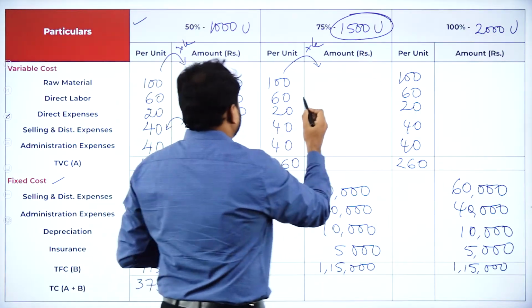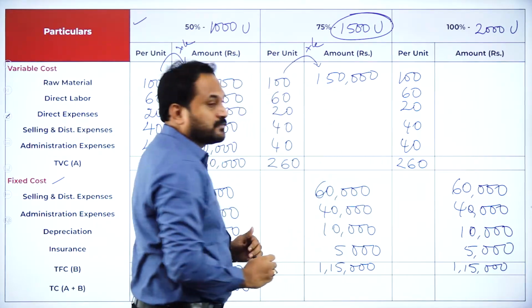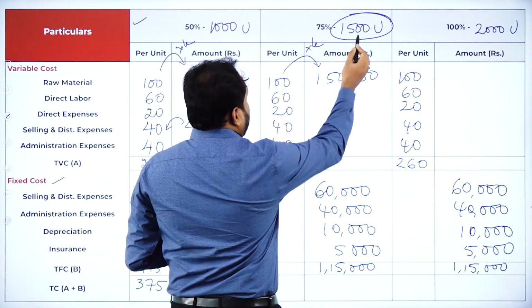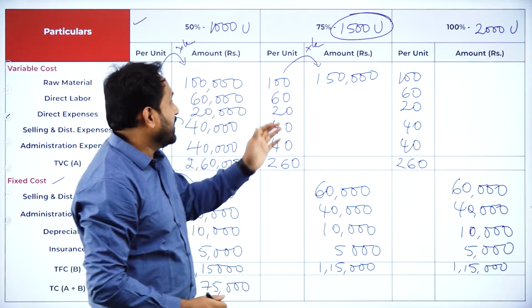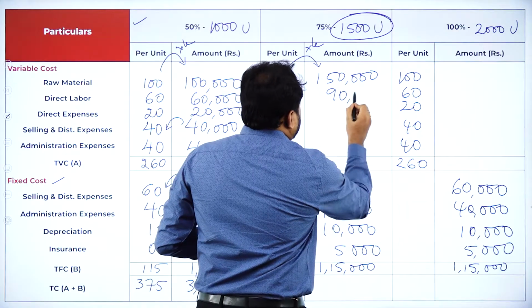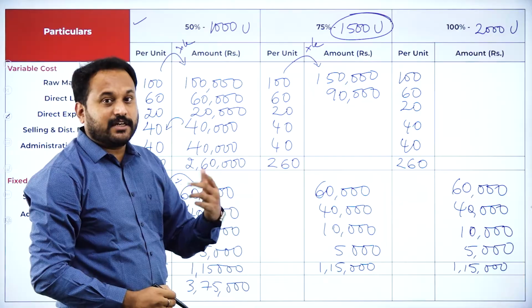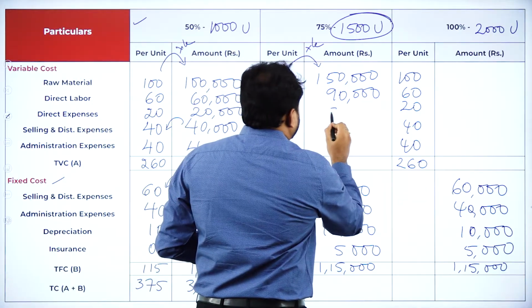So that is how you will be getting 1,50,000. Now 60 into 15, in the sense 90 is what you will get. So how much is it? 90,000. You get 90,000 here. Now 20 into 15 is 30. So you get here 30,000.